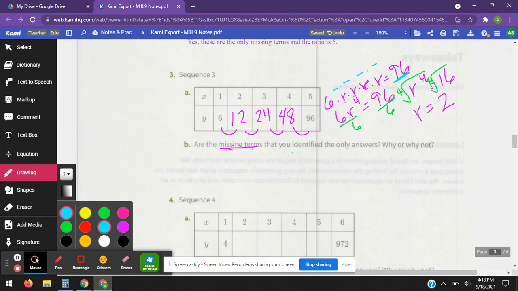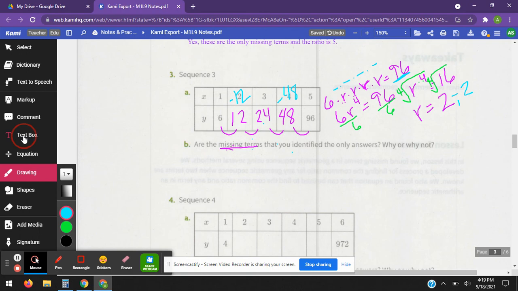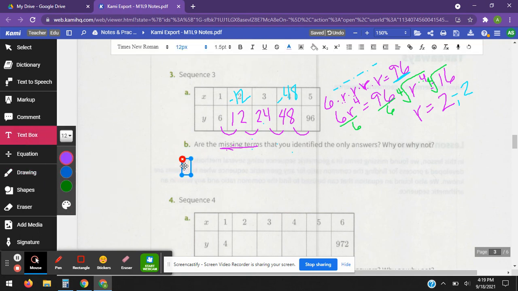So if I did it times negative 2, 6 times negative 2 is negative 12. Negative 12 times negative 2 is positive 24. Positive 24 times negative 2 is negative 48. Negative 48 times negative 2 is 96. So these are my options. We can multiply by 2 or negative 2.